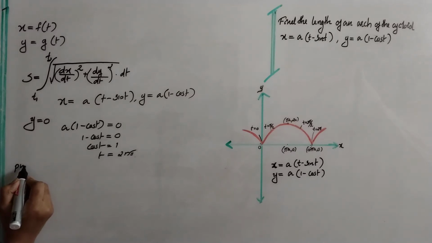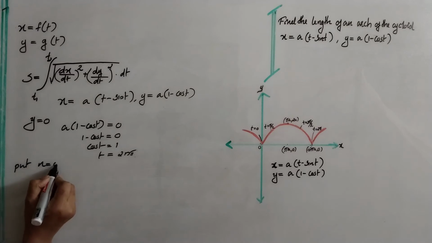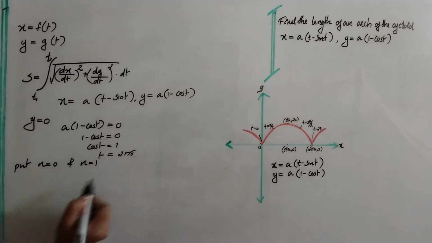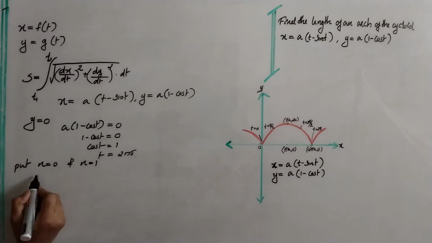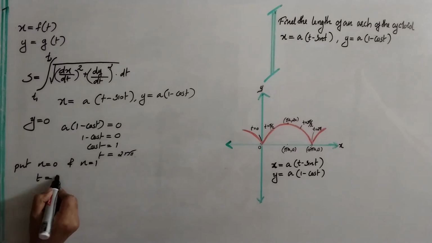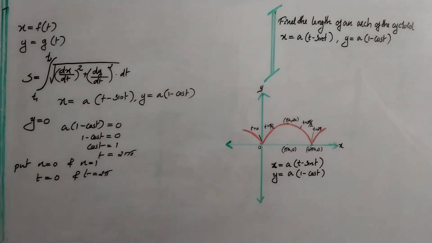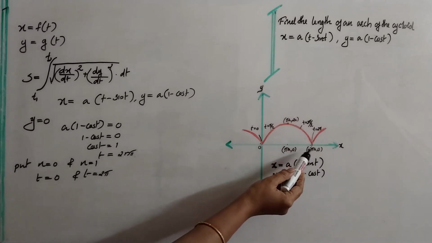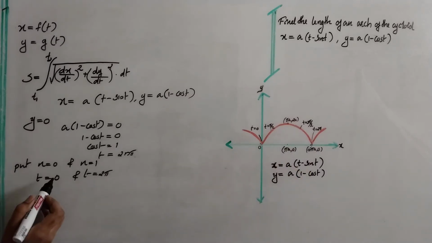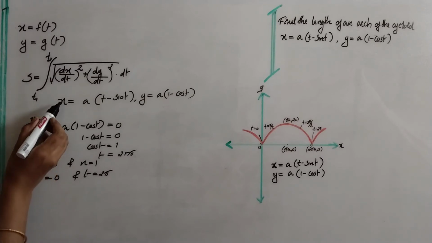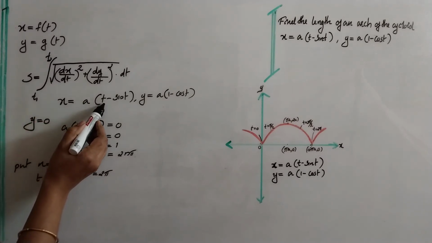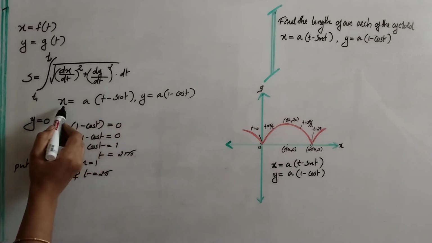if we put n equal to 0 and n equal to 1, we get the values of t as t equal to 0 and t is equal to 2 pi. That corresponds to the two consecutive contacts (0, 0) and (2 pi a, 0). When t is equal to 0, value of x is 0, that is a into t minus sin t; sin 0 is 0, so value of x is 0.